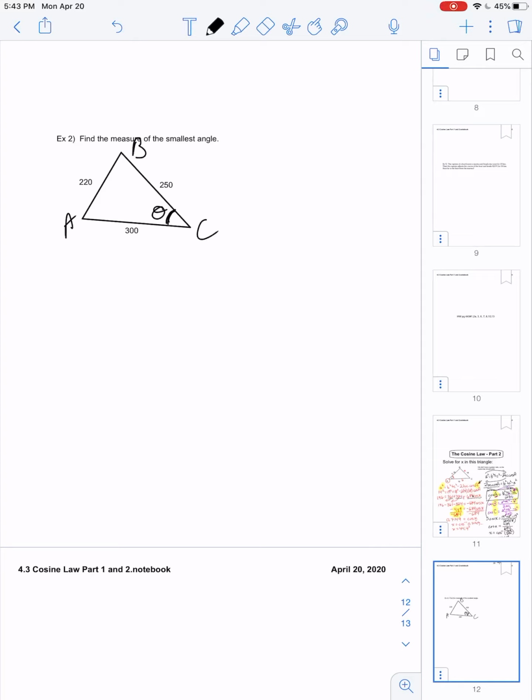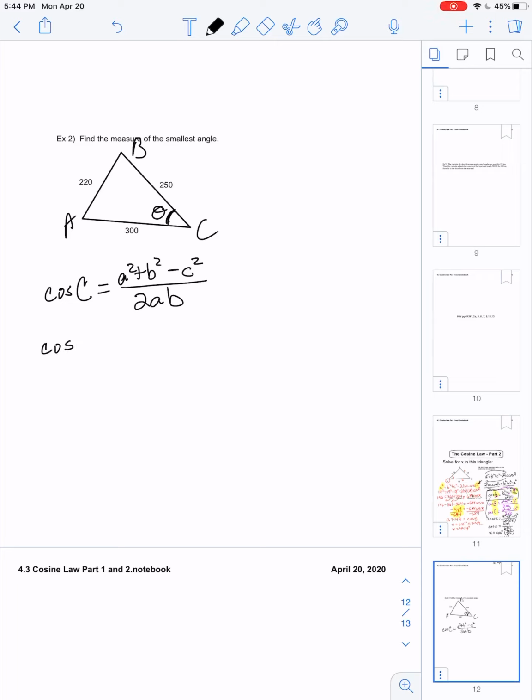Okay, so it's the angle at vertex C that I'm looking for. So that means that I'm going to use cos of C. That means that on the end, I have to be subtracting C, which leaves me with A and B and 2AB in the denominator.